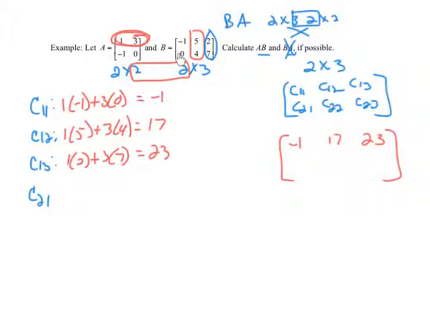Second row, first column. So it is -1 times -1 and 0 times 0.